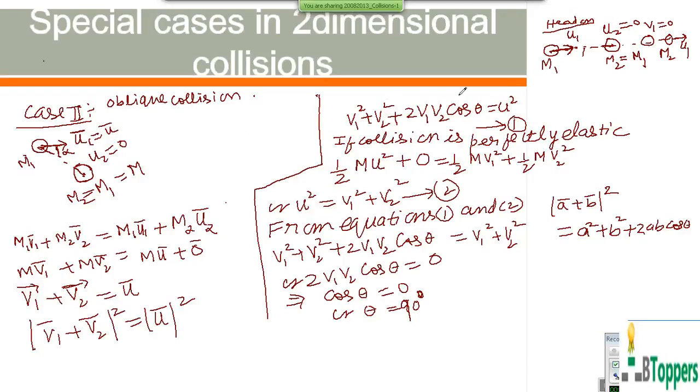So here, in the case of one-dimensional elastic collision, as I discussed in the past, if the two colliding bodies have the same mass and the second body is initially at rest, then after the collision, the second body takes the velocity of the first body. That means the second body starts moving with the original velocity of the first body. Similar reasoning can be used here for the normal direction.